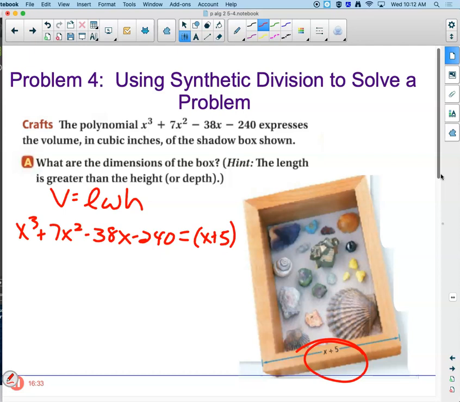And that one, pretty obviously, is the width. So we're still looking for the length and the height. Okay. Well, if we were just thinking about algebra, we'd say, well, I have to divide both sides by x plus 5 so I can figure out what I have for the length and the height. And that's exactly what we need to do.